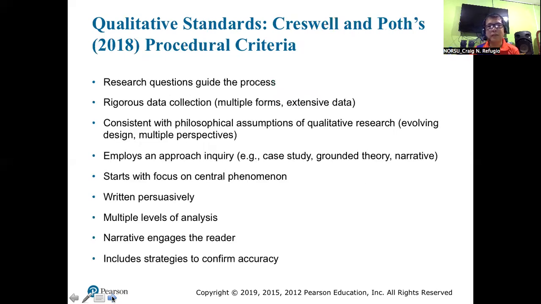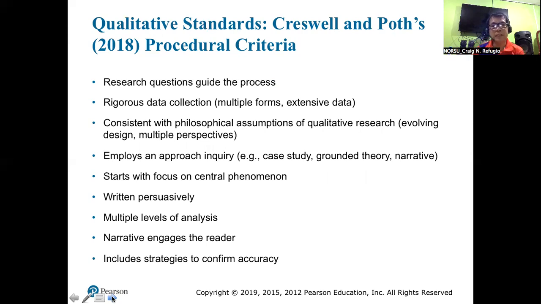Qualitative standards, Creswell and Poth's 2018 procedural criteria. Research questions guide the process. Rigorous data collection, multiple forms, extensive data, consistent with philosophical assumptions of qualitative research, evolving design, multiple perspectives.